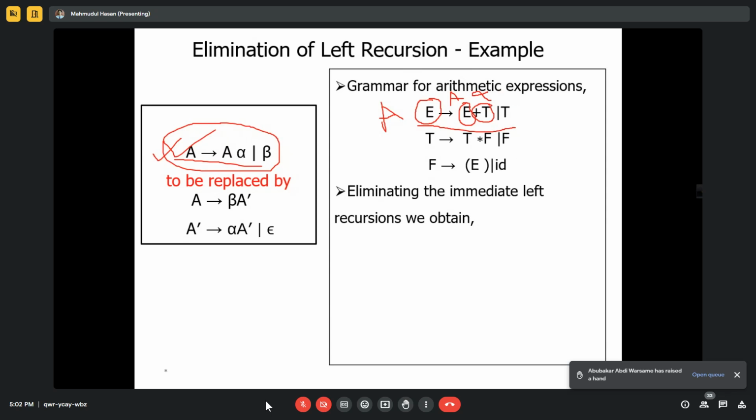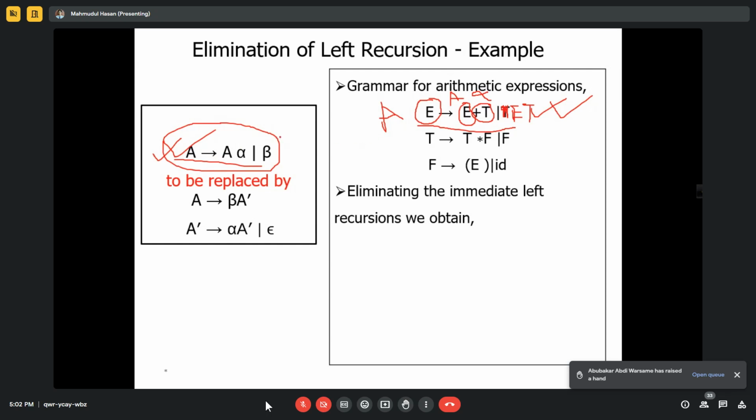So here for this production rule, A means E. Suppose E T, so is this beta or not? Yes, sir. Beta. No beta.